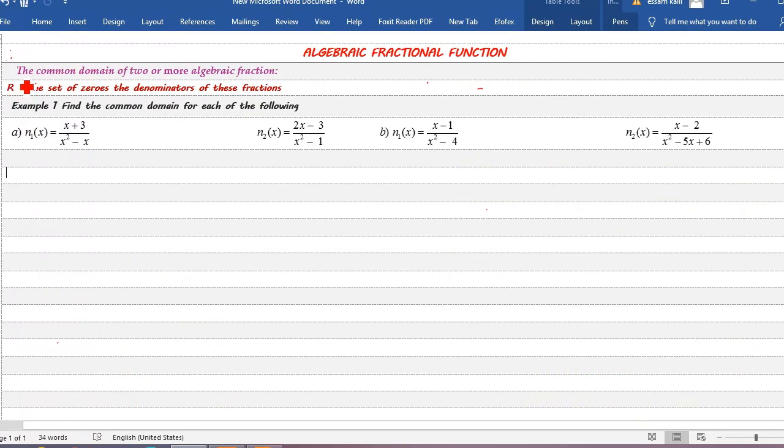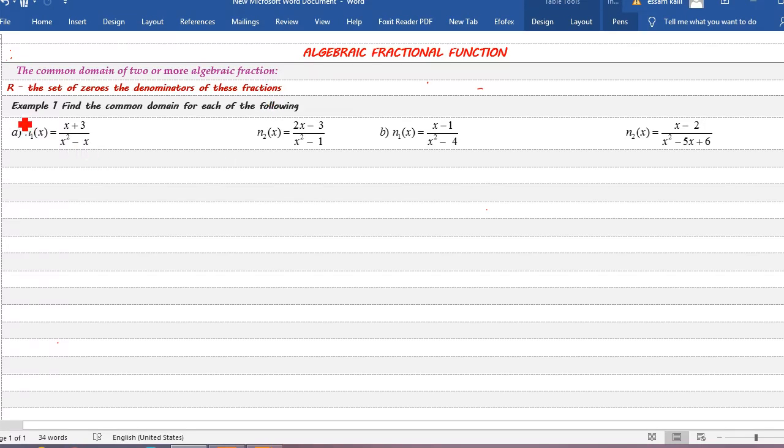Next اللي بعد كده the common domain of 2 or more algebraic fractions is R different the sets of 0 of the denominators of these fractions.